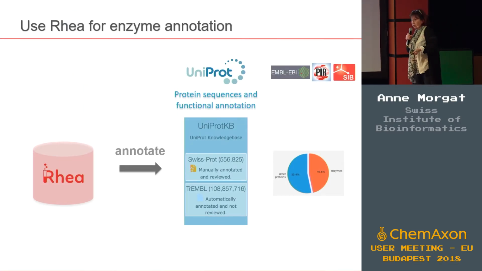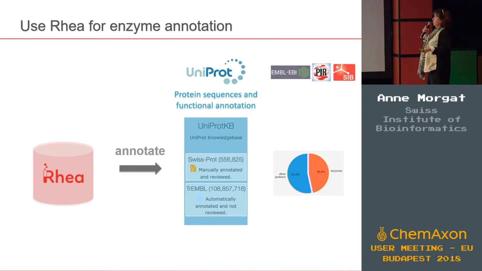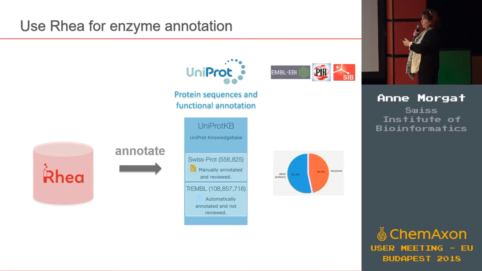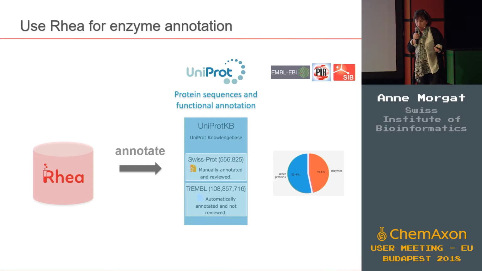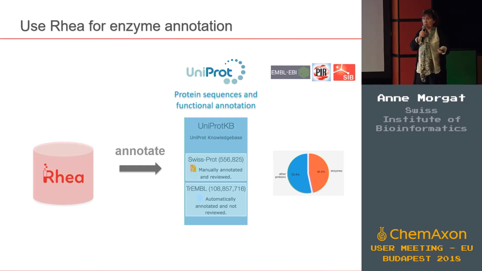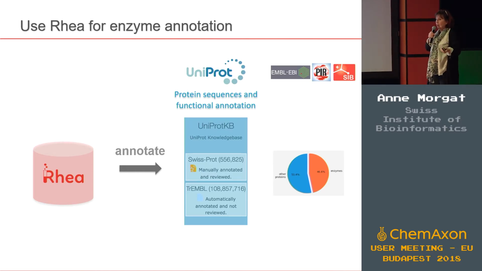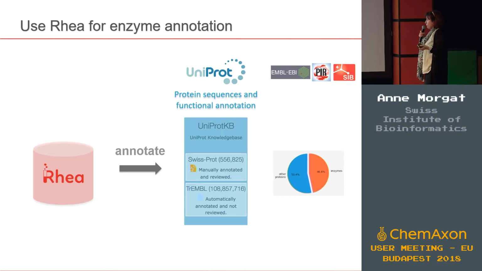Now let's start with an application of RIA, the use of RIA for enzyme annotation. UniProt is the main project of the SwissProt group. UniProt is a consortium of three partners: EBI, PIR (Protein Information Resource from Georgetown University), and SIB. The goal of this group is to provide the most comprehensive, high-quality, freely available protein sequences and functional annotation.